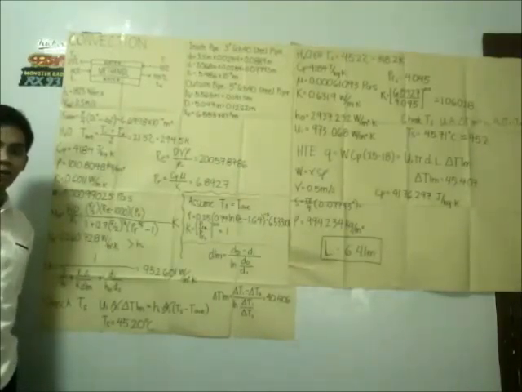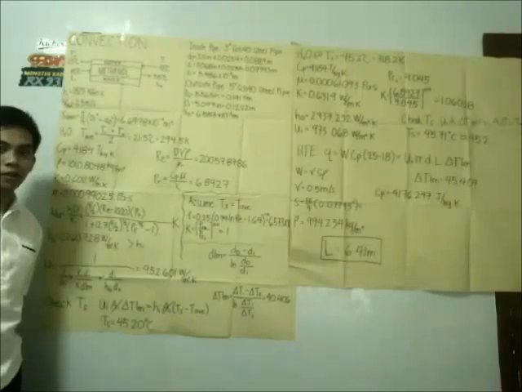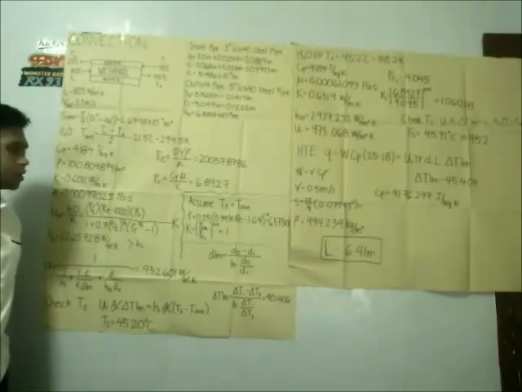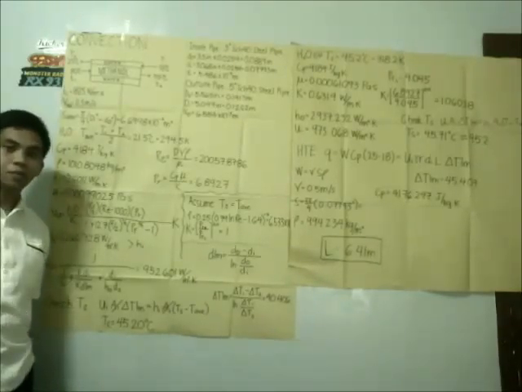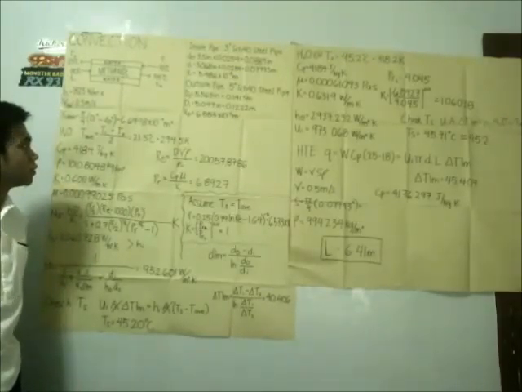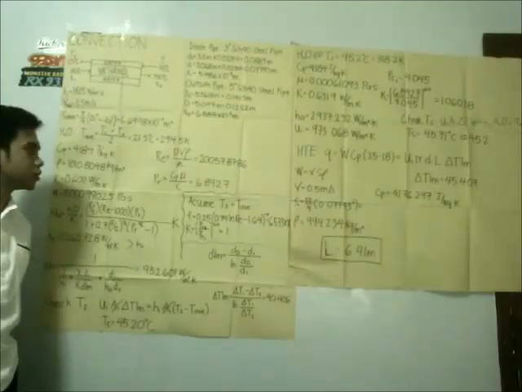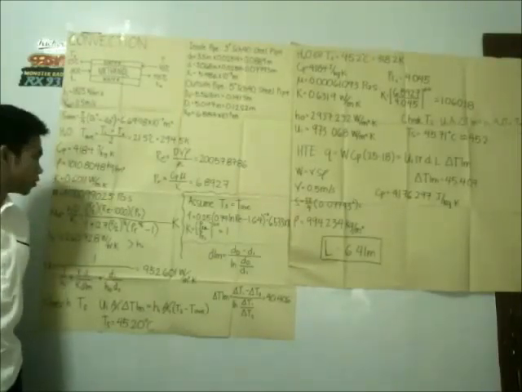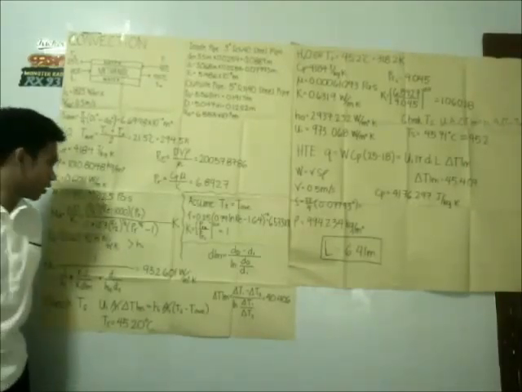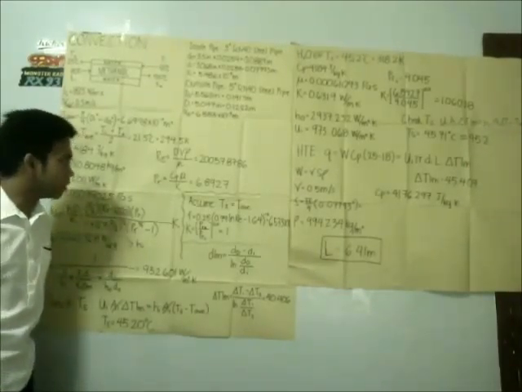The parameters of water at this temperature are calculated, such as the specific heat, the density, the thermal conductivity, and the viscosity. These parameters are needed to calculate the film heat transfer coefficients using the Nusselt's equation. The Nusselt's equation would require the Reynolds number, the Prandtl number, and the variables F and K.